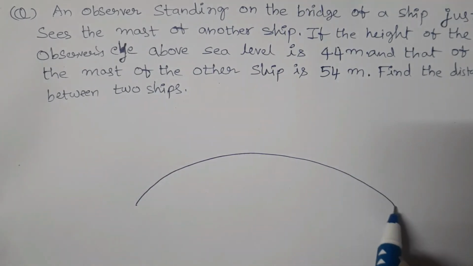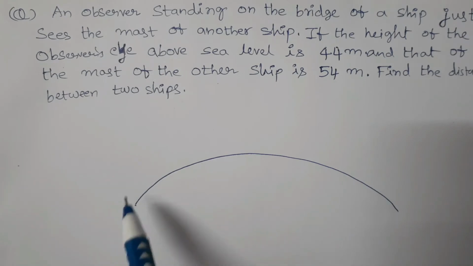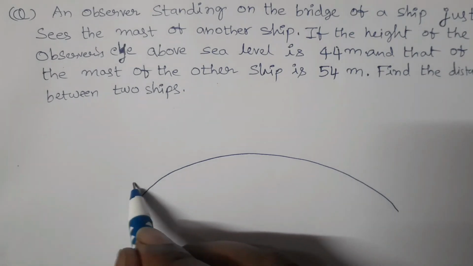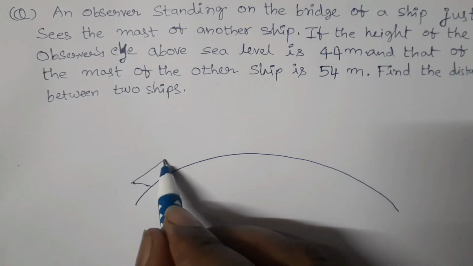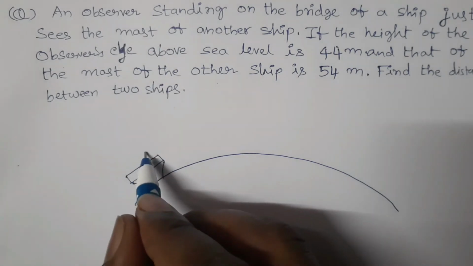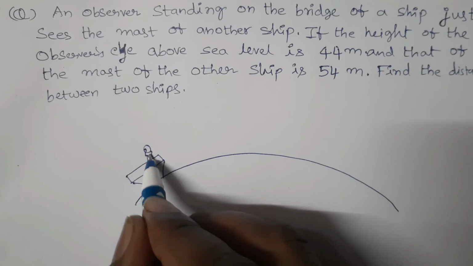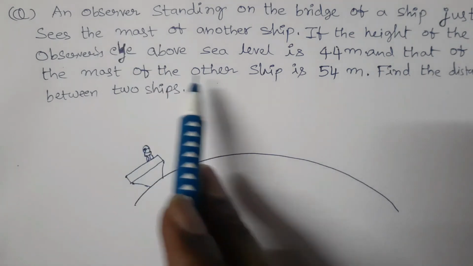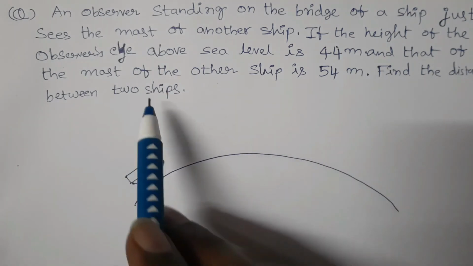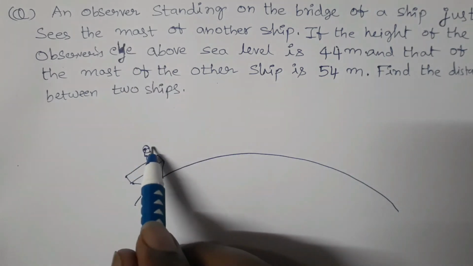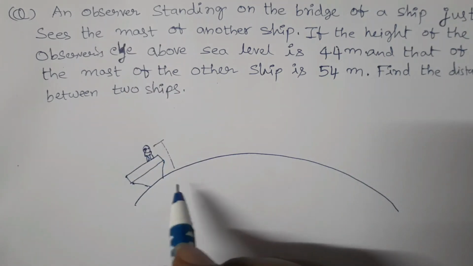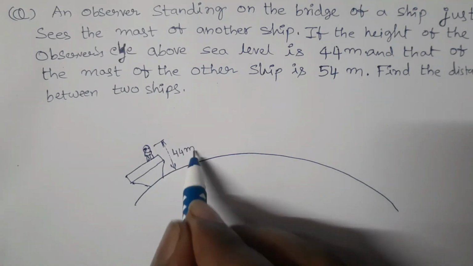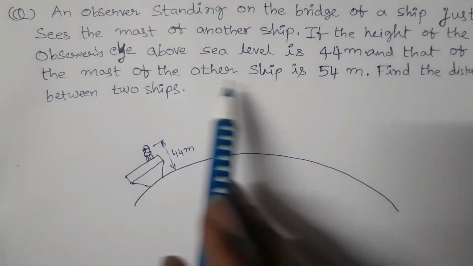On the curvature of the Earth's surface, an observer stands here and observes the mast of another ship. The observer's eye is at an elevation of 44 meters. He observed the mast of the other ship.